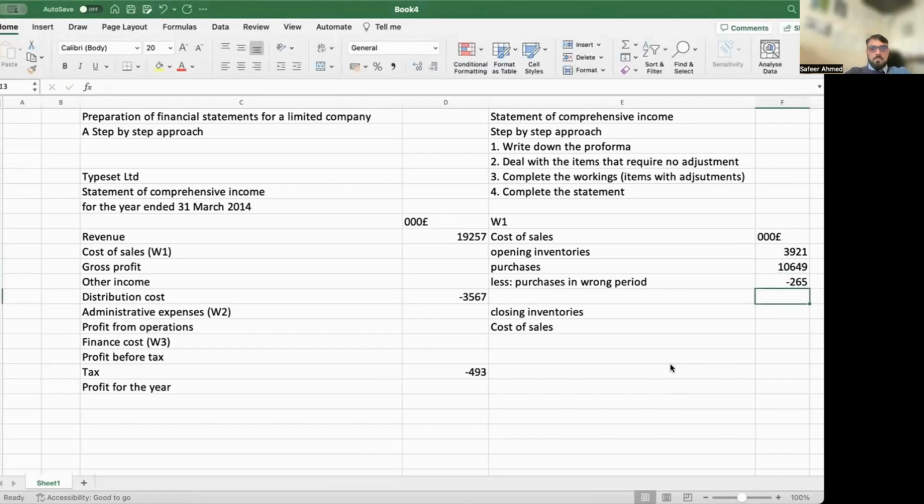And of course, we'll be deducting the closing inventory. So this is given to you as part of the further information. The first bullet point, which is the inventories at the close of the business on 31st of March 2014, cost 4187. And this will give you cost of sales. So we have calculated cost of sales, so we can record that here.